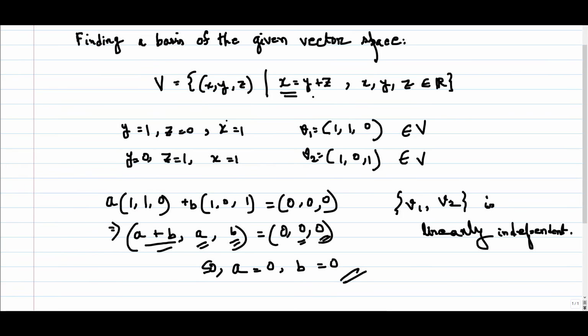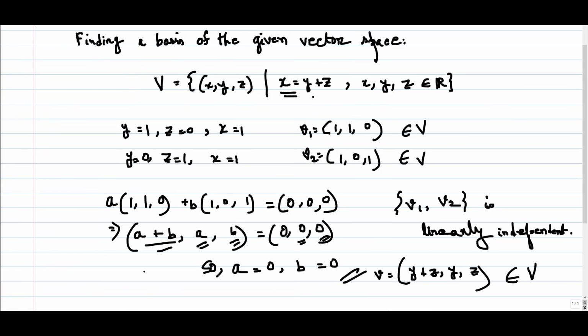Any vector of this vector space is of the form (y plus z, y, z), as I can write x as y plus z. So this is the form of any general vector in the given vector space; let me write it as v. Now can it be written as a combination of v1 and v2?